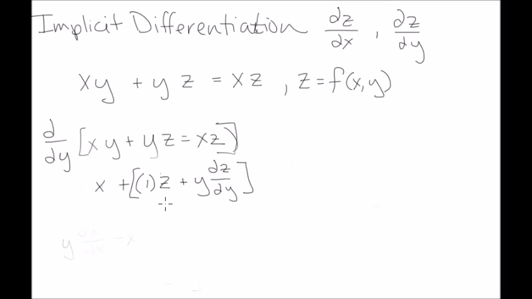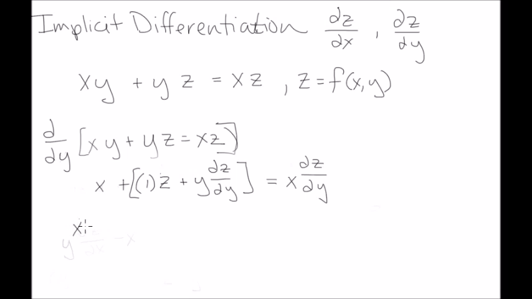So that's all the derivative of yz is equal to. Now x and y are unrelated, so I'm treating x as a constant. And the derivative of z with respect to y, I don't know what it is, I just write dz/dy. So now I have, again, two terms with dz/dy in them. I'm going to get them on the same side.